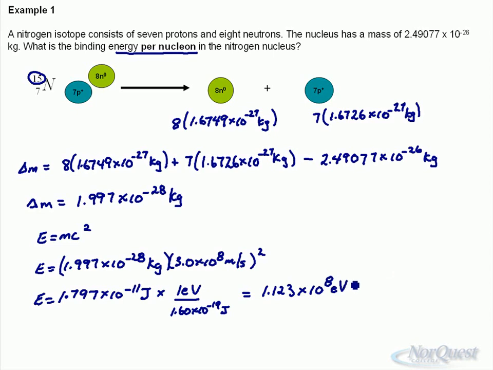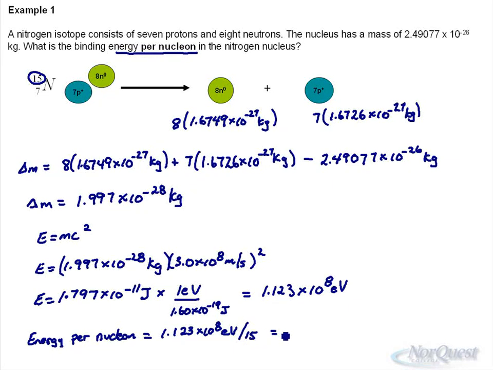That's still not the answer. That's the total energy, but they want the binding energy per nucleon. So energy per nucleon has one more step, and it's going to equal that number, 1.123 times 10 to the 8 electron volts, divide by 15 total nucleons.